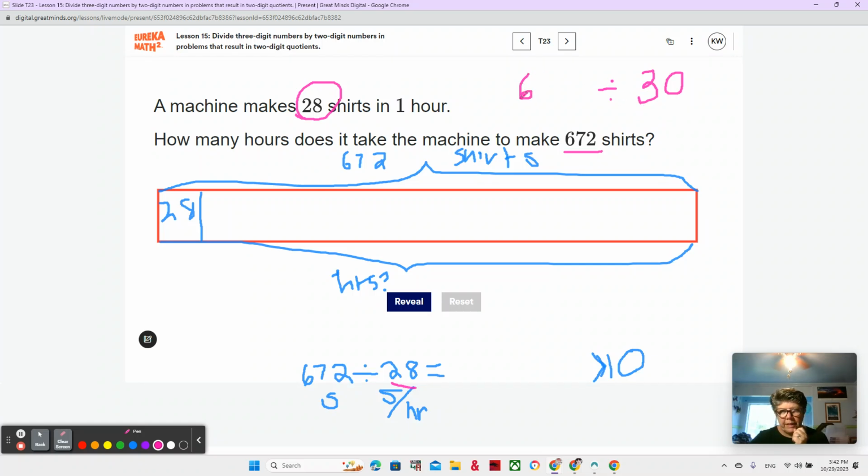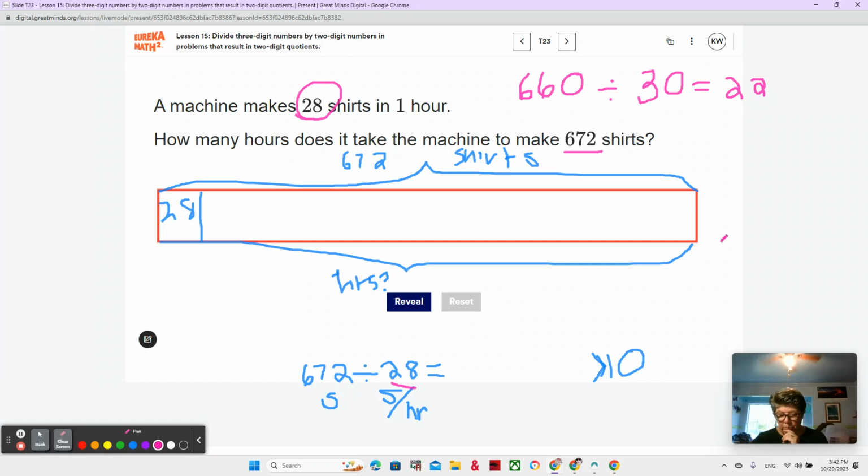So 3 times 22 would be 66, which would be 660, right? What do you think about that? That would be 22. Okay, possibly, right? 22 hours, not too bad.